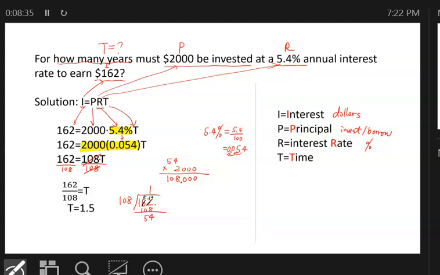Since the remainder is not 0, let's add a decimal point and 0, and move the decimal point up and put it in the answer. Bring down the 0. 108 goes into 540 exactly 5 times, because 5 times 8 is 40, and 5 times 1 is 5. That gives us the answer 1.5.